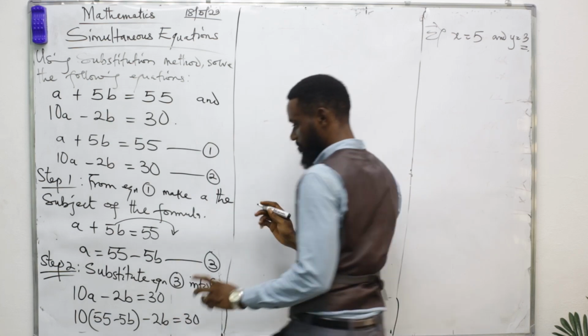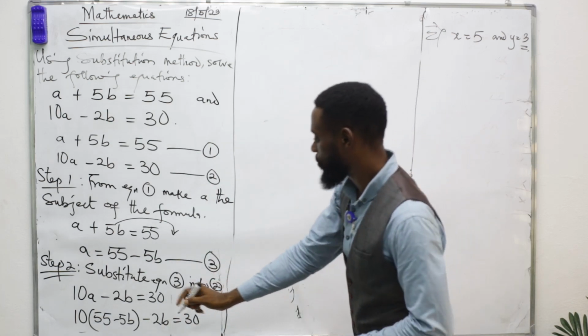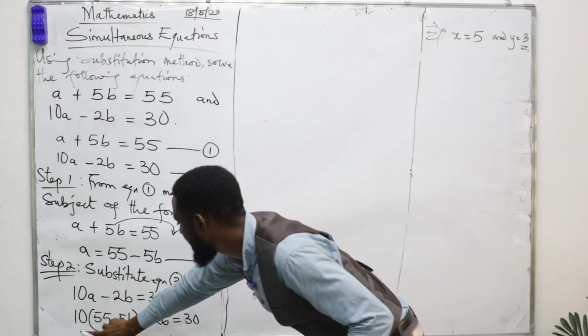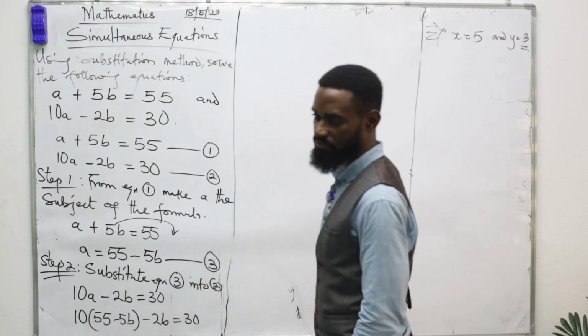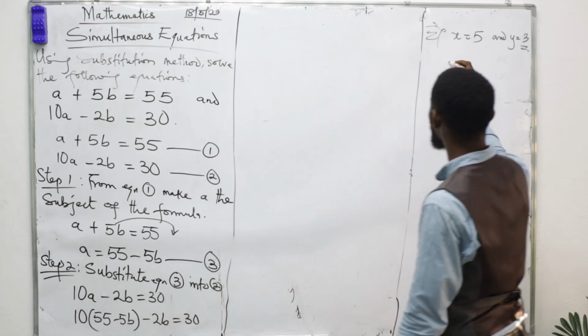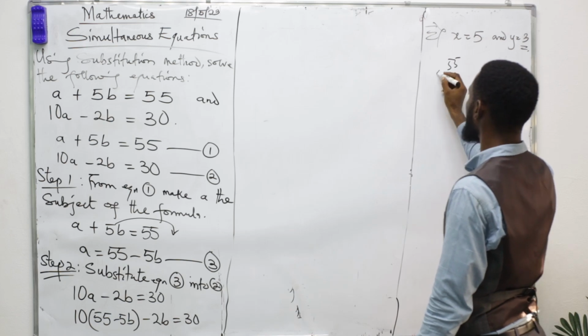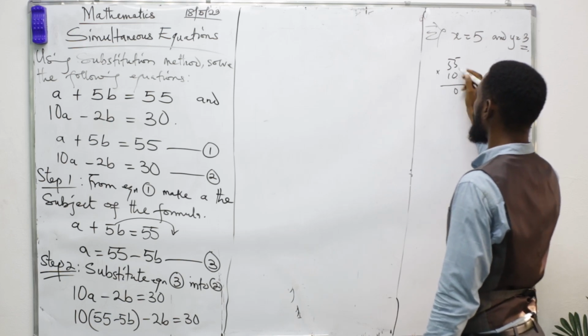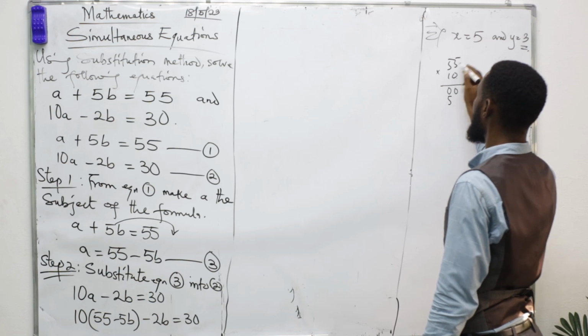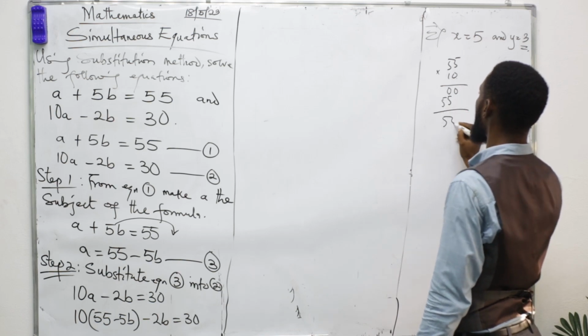I want to believe that is well understood. So what that will mean is 10 times 55. You simply do that: 55 times 10, we have 550.